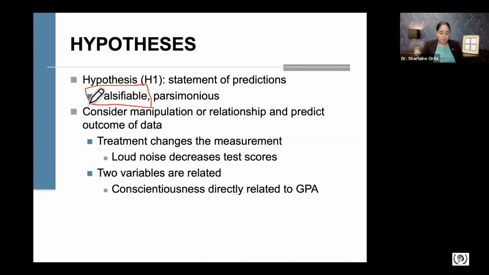Now, something really important about hypotheses is how we are going to consider the manipulation. If we go back to our example of me changing the temperature of a classroom, I need to be able to change that room temperature, because I am trying to manipulate that variable, which is temperature.